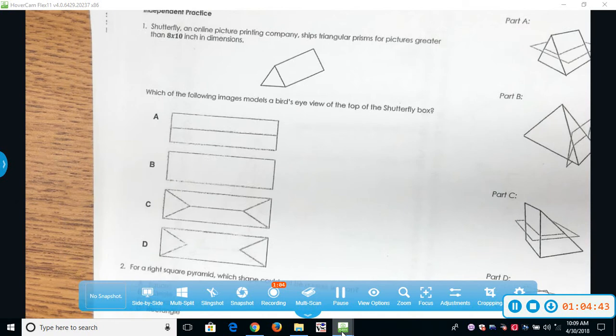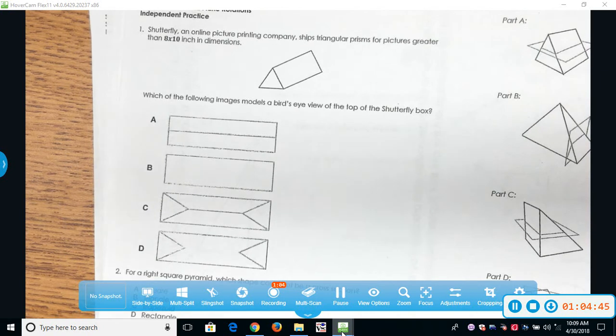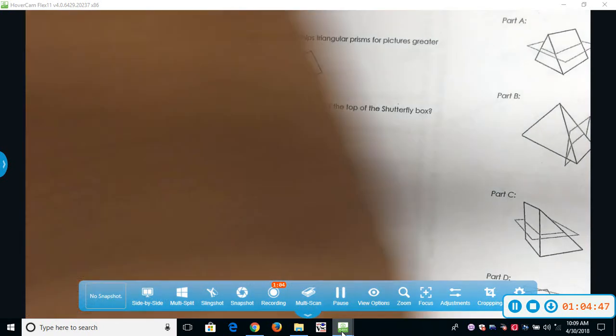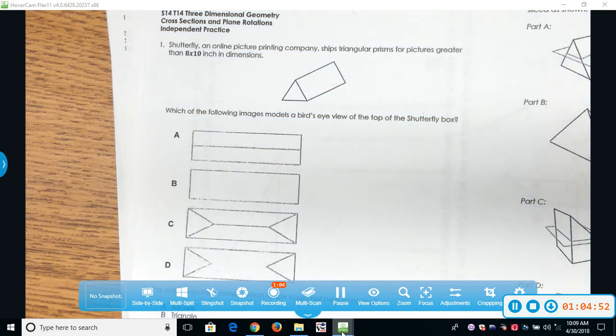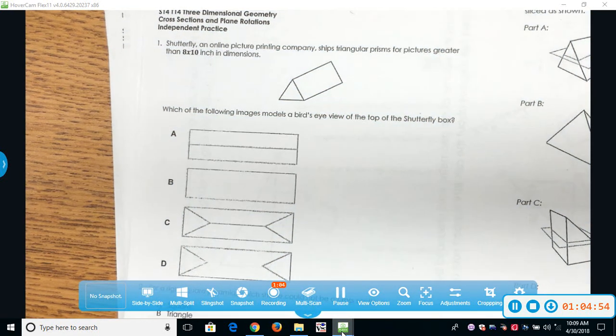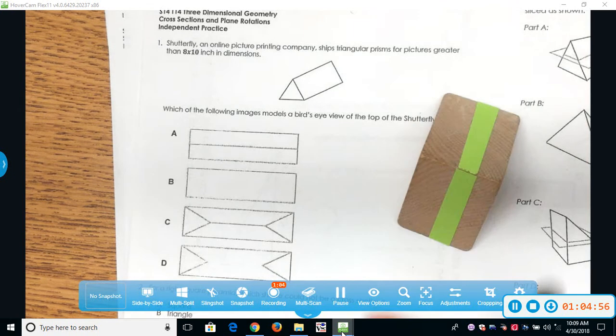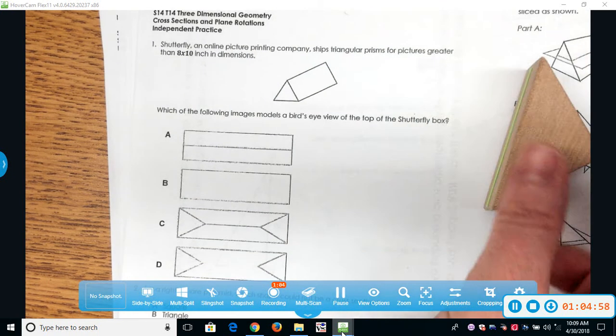So for number 1, you have this shape. You have a 3D prism.